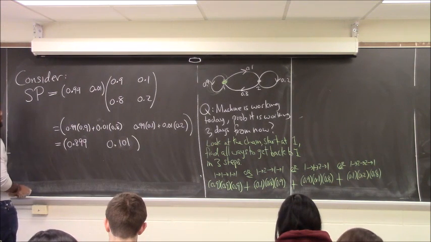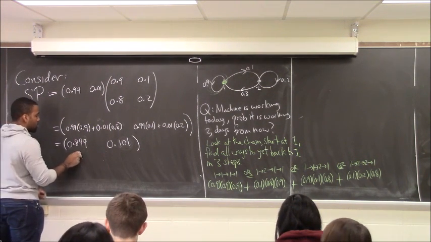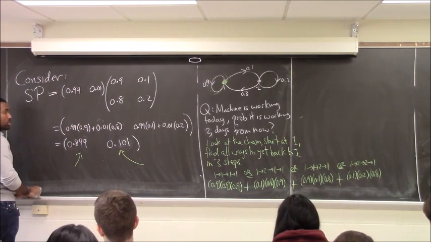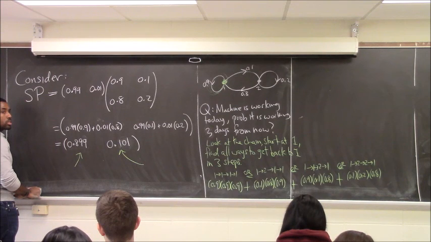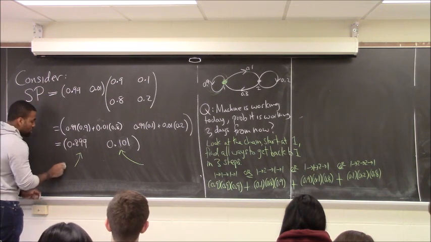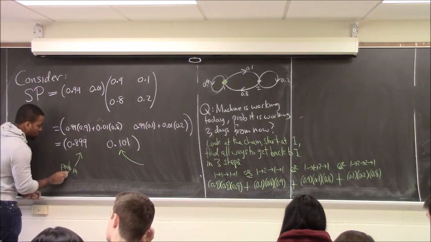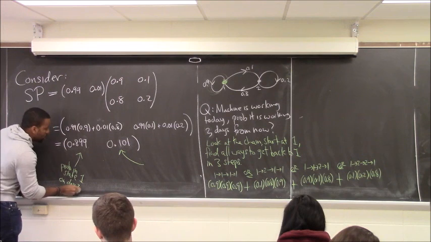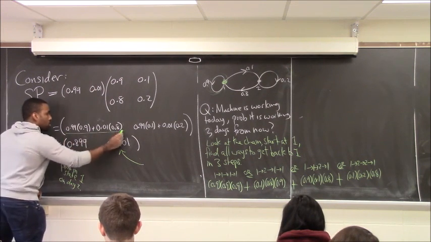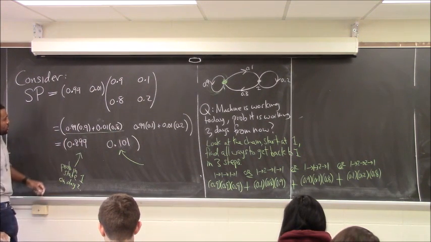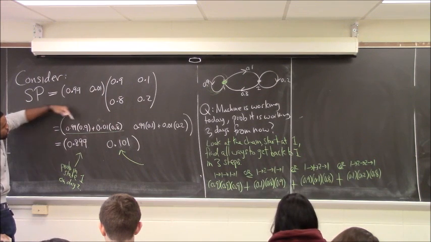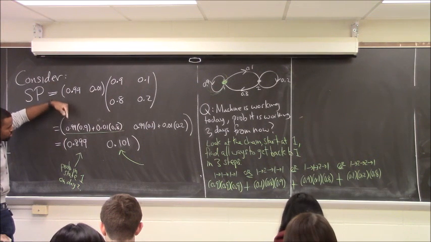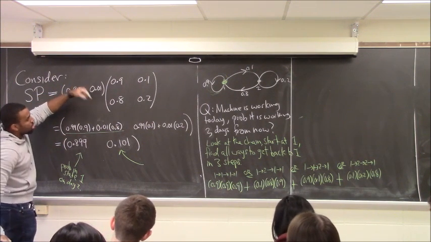Okay, let's take a breather here first. Interpret these numbers. What do you think those numbers are? Is that the state of day 2? Or the probability? Right, this is the probability you're in state 1 on day 2. How do you know? Well, Bayes' formula actually just happened. This is the probability that we're functional given that we were functional, plus the probability that we're functional given that we were not functional.